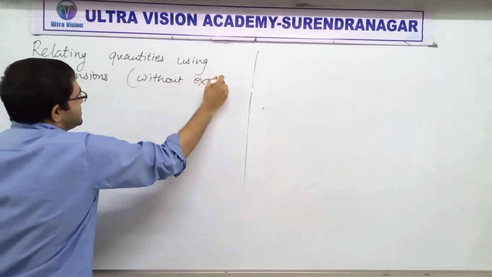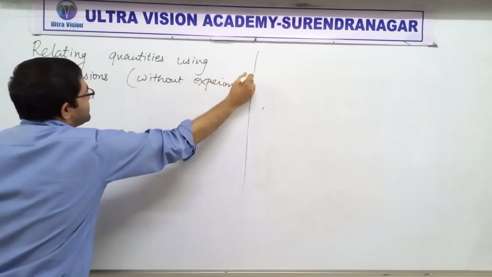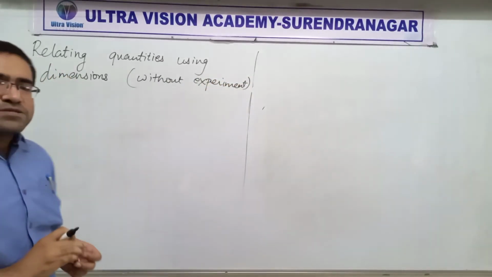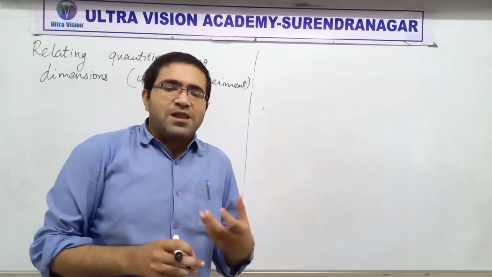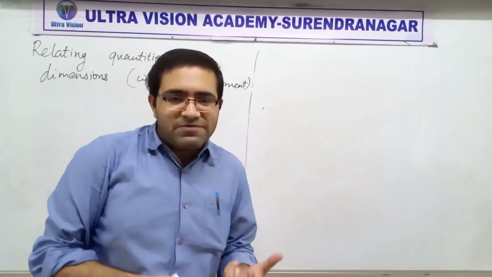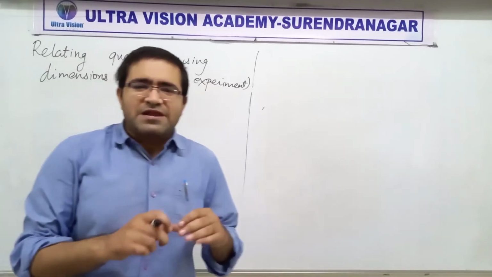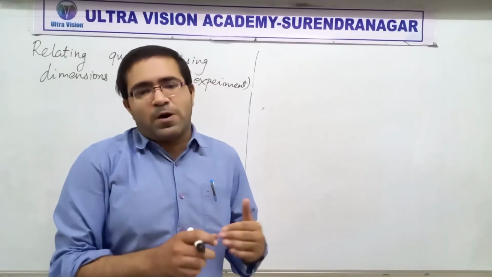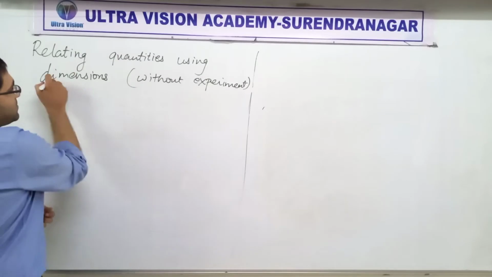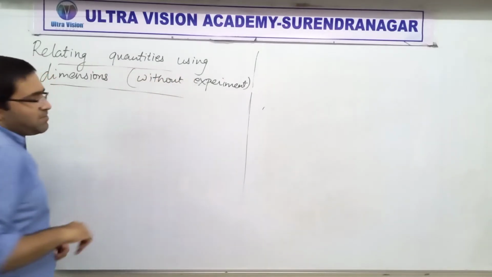See, this is the good thing about dimensions. In some situations, they help us so much that we don't even have to do an experiment. Without doing an experiment, we can make some relation between quantities. That's what we are going to see here by this example.